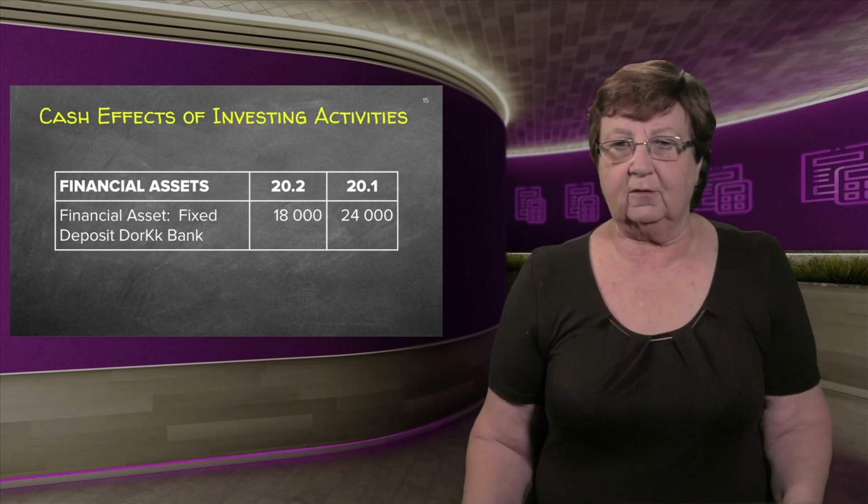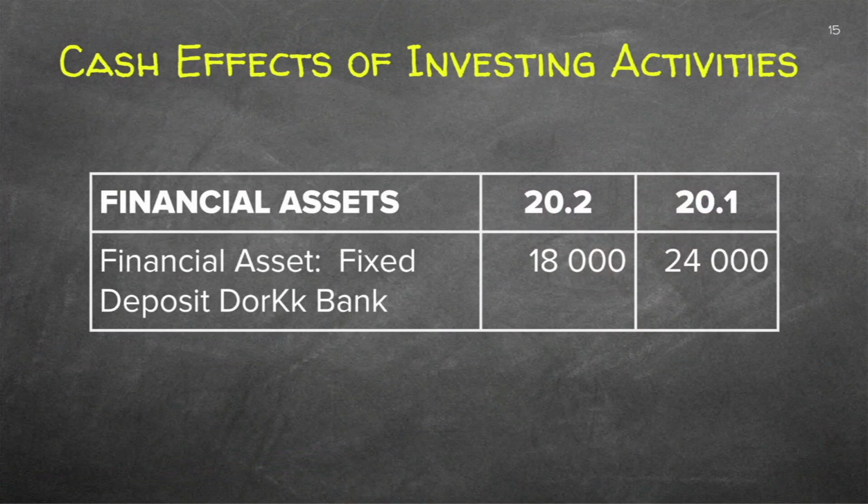So let's have a look. In the balance sheet, again, financial assets, I'm quite sure you're recognizing that. I have my financial asset, fixed deposit, dorKk. So last year it was 24,000. This year it's down to 18,000.